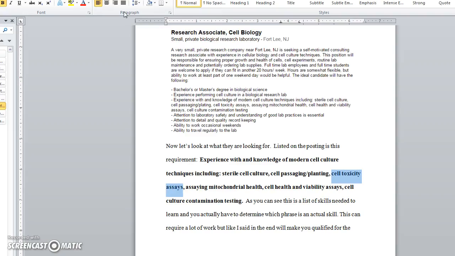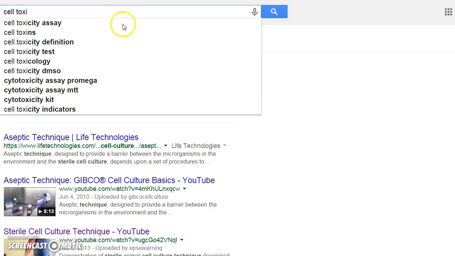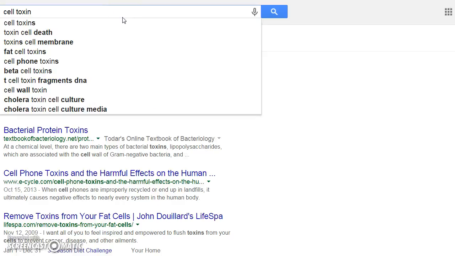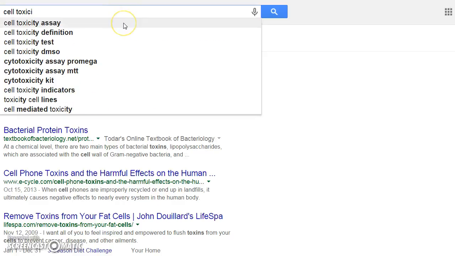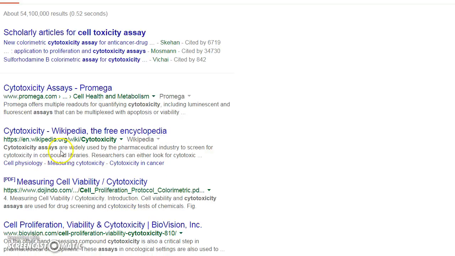So we can type, what's it called? Cell toxicity assays. Only called the cytotoxicity. You can search it up in Wikipedia. Are widely used by the pharmaceutical industry to screen for the compound libraries.